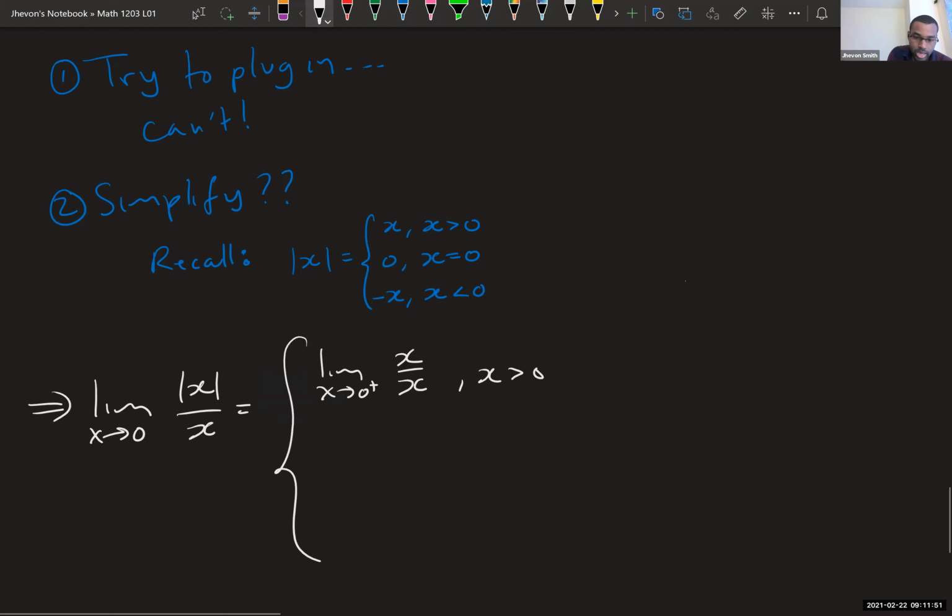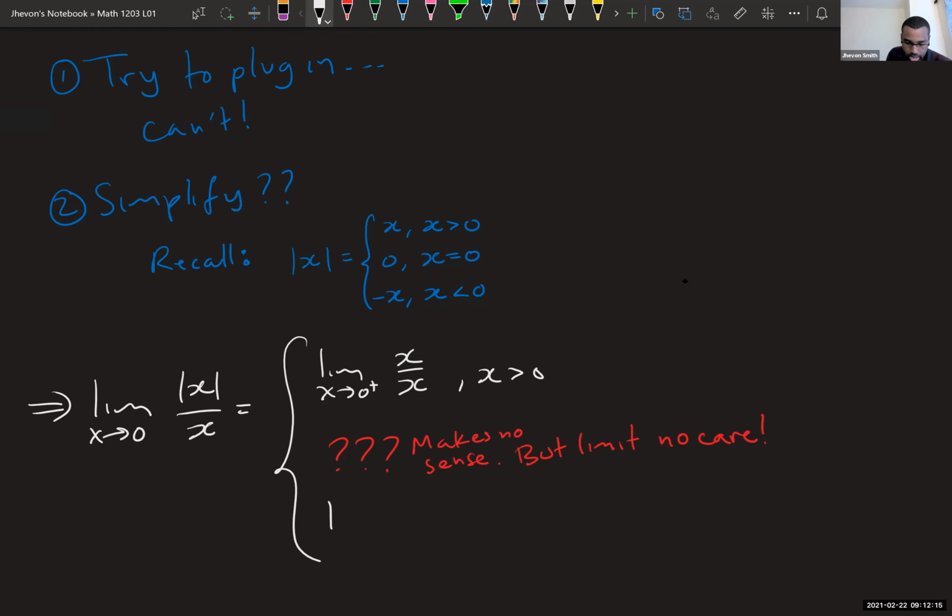Now, here, it makes no sense because you'd put in a 0 in the denominator, but the limit doesn't care anyway, so it doesn't even matter. Limit no care anyway. It's a honey badger.